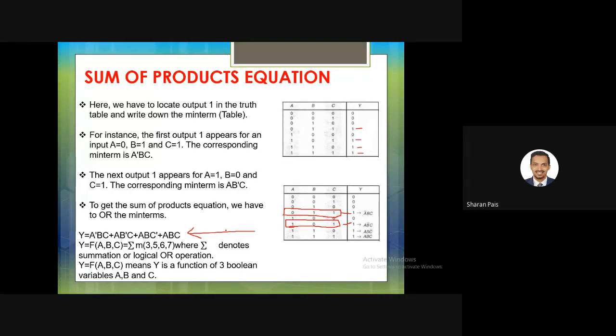So what is the SOP min terms? This is sum of product term: variables and OR logic, means that variables will be having AND operation between them, and these terms are ORed together.